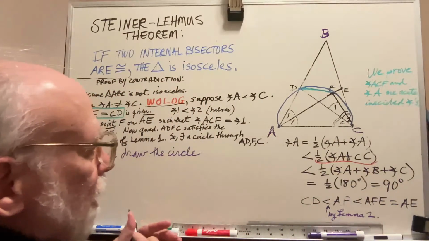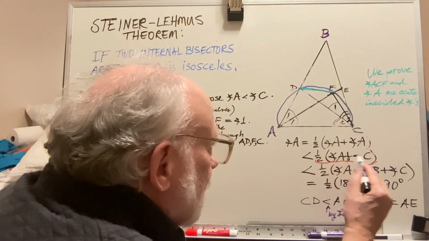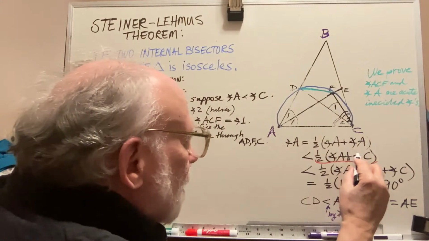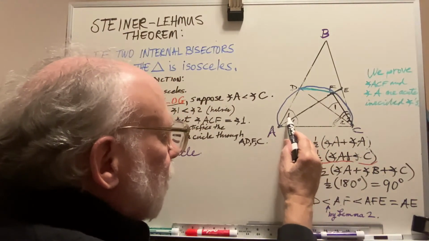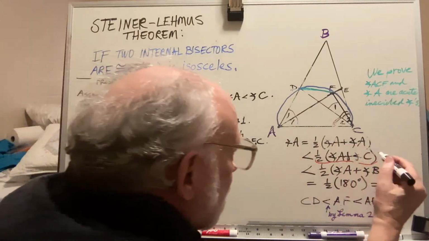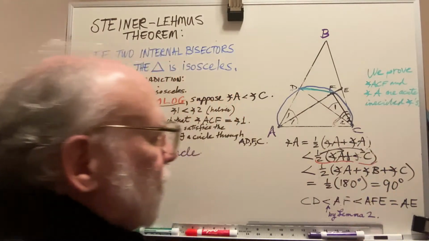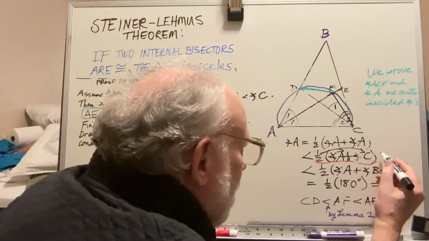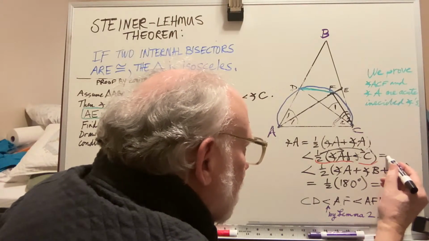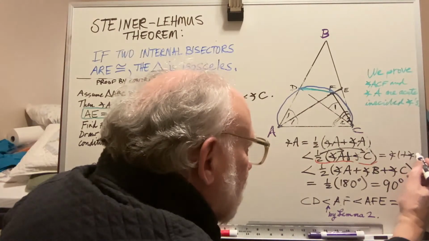It's equal to half of A plus half of C. Half of A is 1 and half of C is 2. So half of A plus half of C is going to be equal to angle 1 plus angle 2.